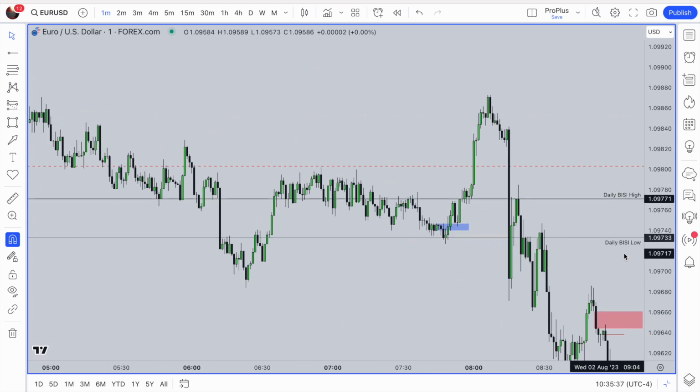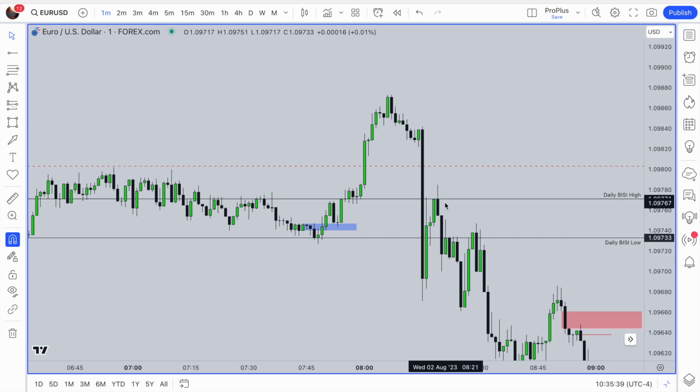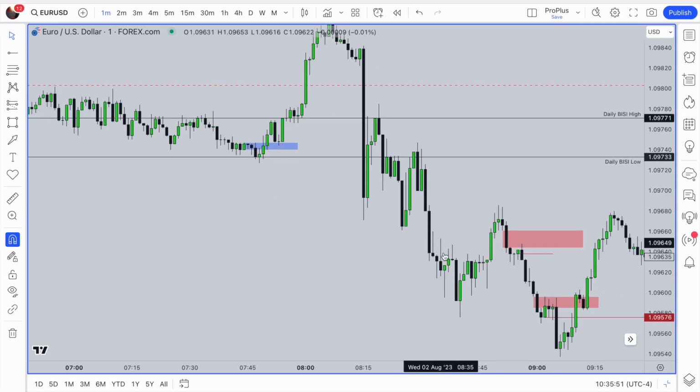Literally so nice, like algorithmic that is, the way the body's closed below it at the high of the BISI, and then it pulls lower, rejects it there nicely, and then pulls lower, pulls back into a CB here.